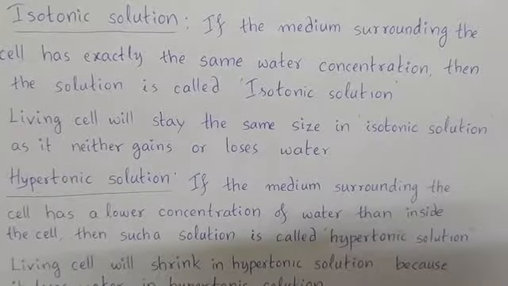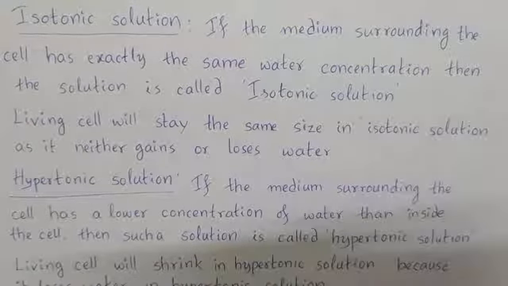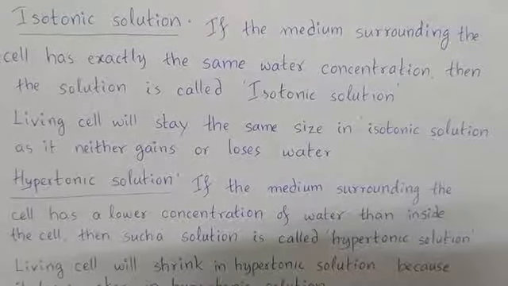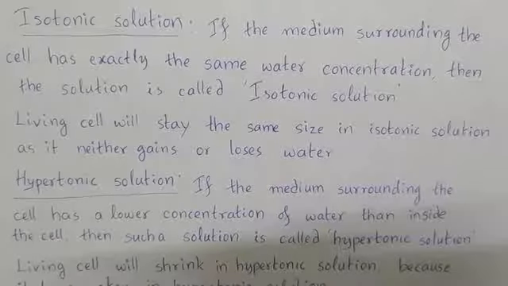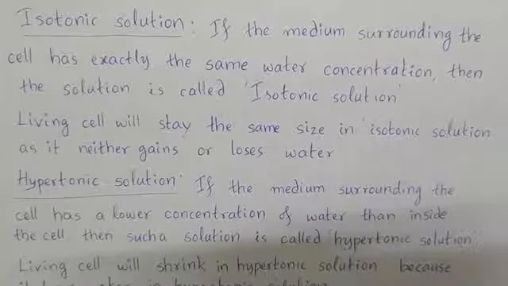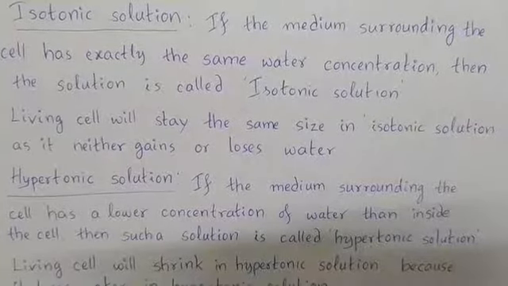A living cell will stay the same size when it is placed in isotonic solution, because it has equal water concentration. So the net movement of water will be zero from inside to outside. The cell neither gains water nor loses water.